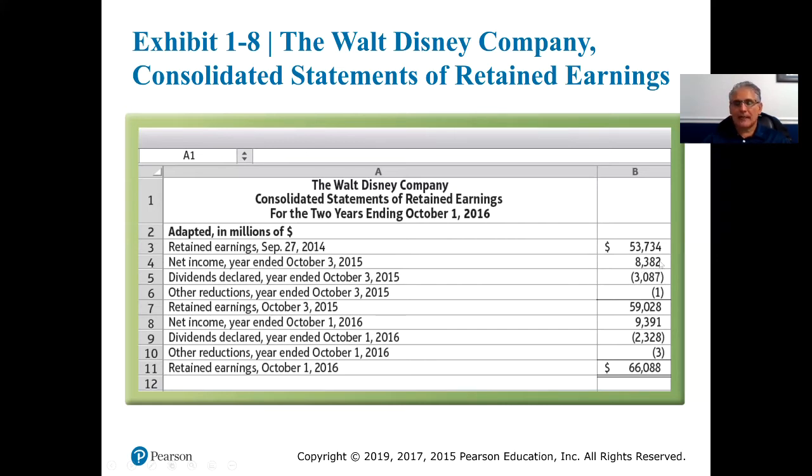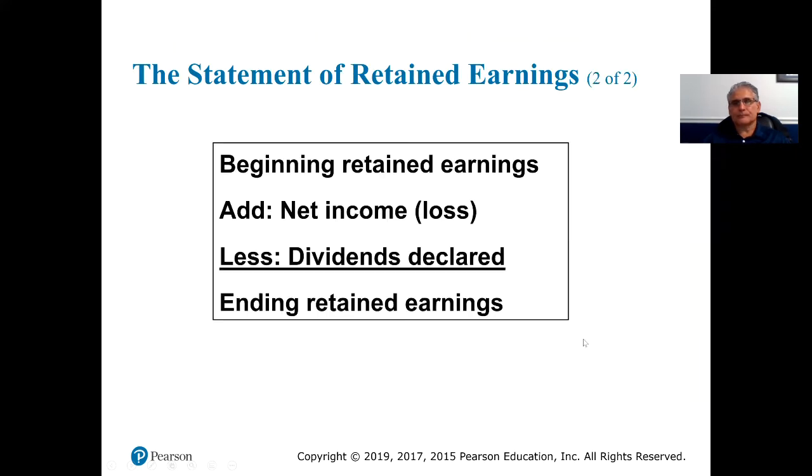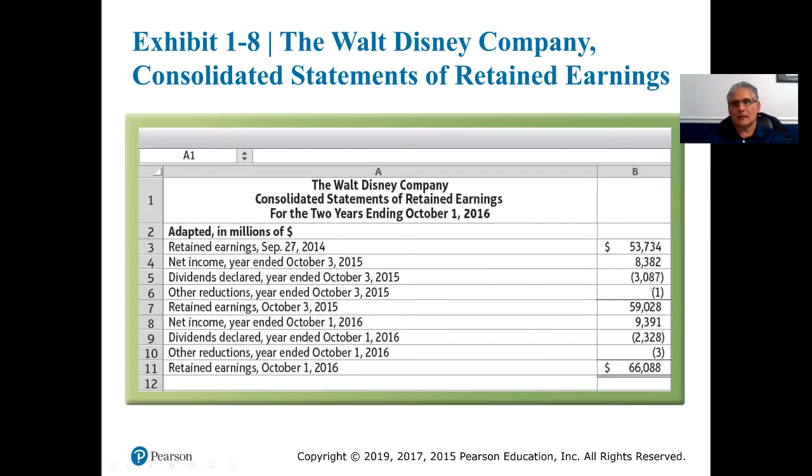We can go back to the statement of income and see that that came from here, 8,382 million. And then we have dividends declared and other reductions so that you end up with retained earnings at the end of October 3rd, 2015 of 59,028 million.